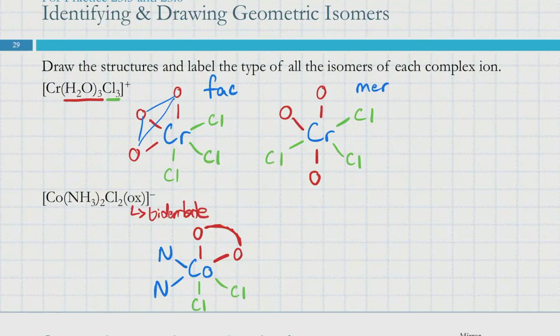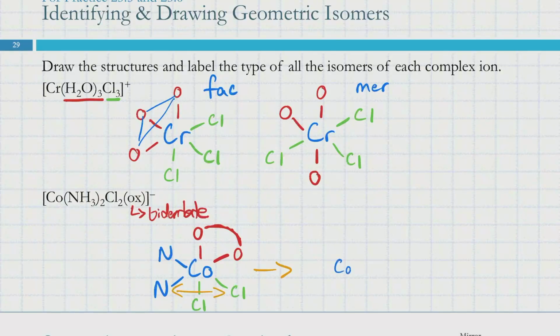There's another way that we can arrange these, and that would be swapping one of the nitrogens and one of the chlorines. So if we swap those two groups, that'll give us the other isomer.